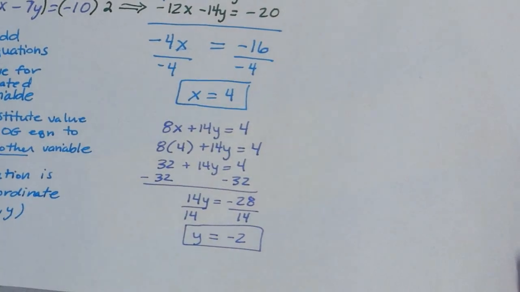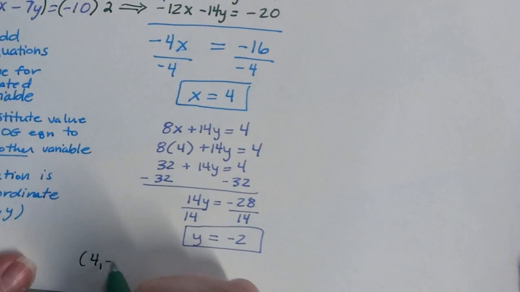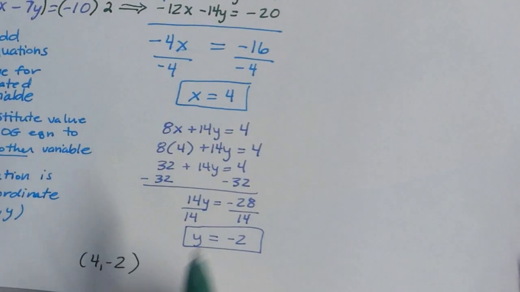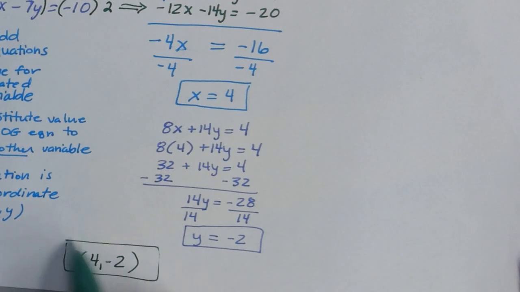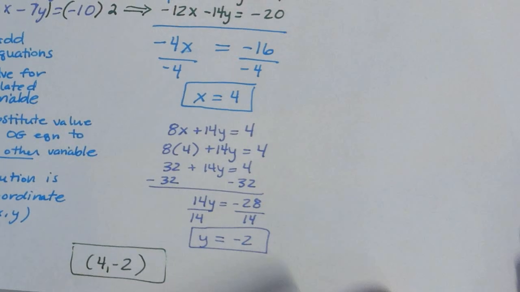So for this one, it's xy. For the next one, it'll be mn. And then the last one is ab. So your final answer for this would be 4, negative 2. Do you remember doing some of that in Algebra 1? I know it's been a while.